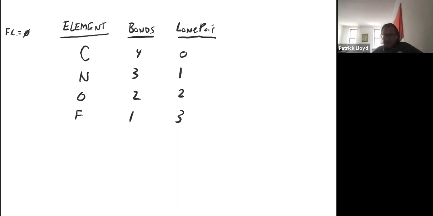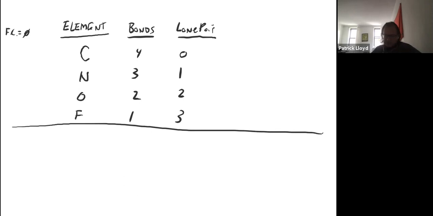Okay. Now, maybe this is helpful, maybe it's not, but let's do formal charge equals -1. And we'll do the same elements, CNOF. Those are kind of the big 4 that we do. So -1 would be 3 bonds and 1 lone pair for carbon.